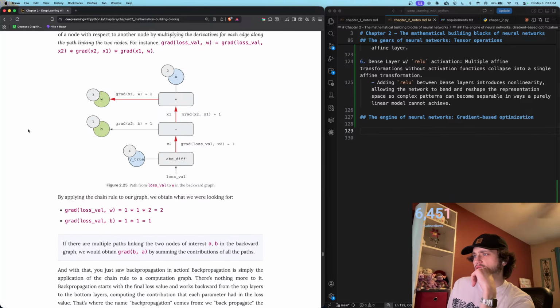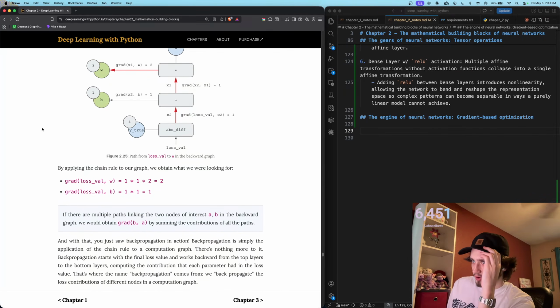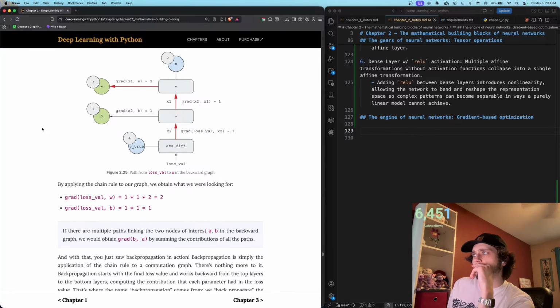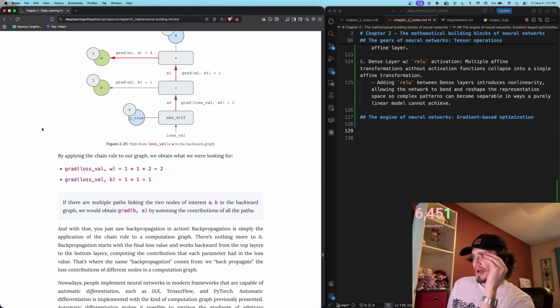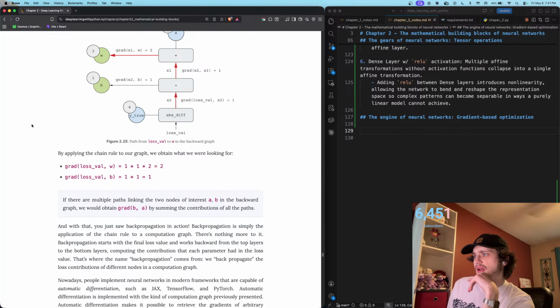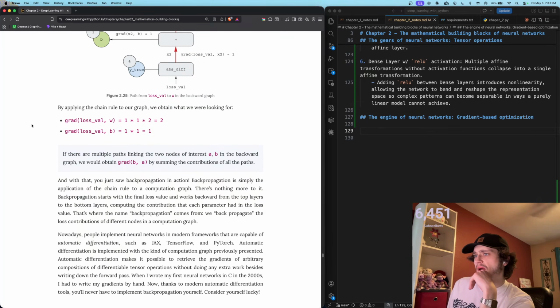By applying the chain rule to our graph, we obtain what we're looking for. If there are multiple paths linking the two nodes of interest A and B in the backward graph, we would obtain gradient B, A by summing the contributions of all the paths.